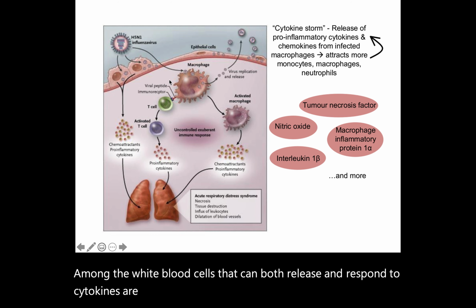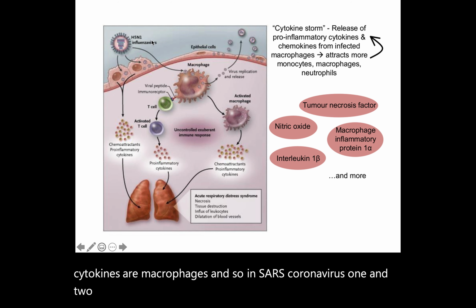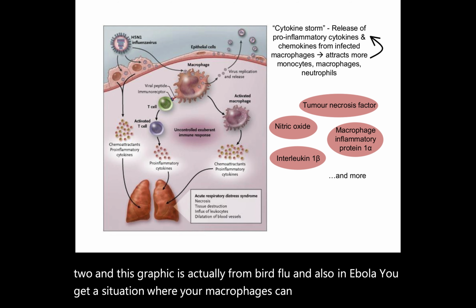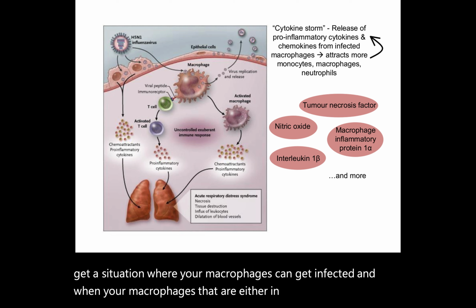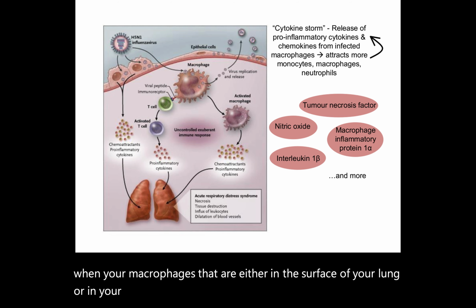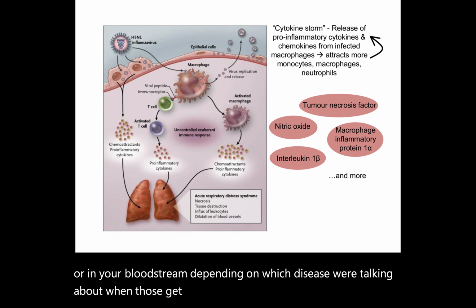And so in SARS coronavirus 1 and 2, and this graphic is actually from bird flu, and also in Ebola, you get a situation where your macrophages can get infected. And when your macrophages that are either in the surface of your lung or in your bloodstream, depending on which disease we're talking about, get infected, then they're going to release all their cytokines at once.